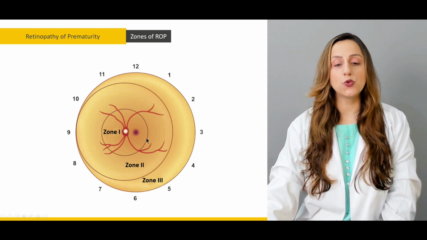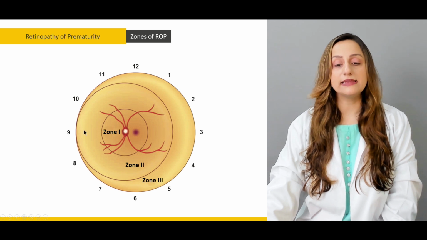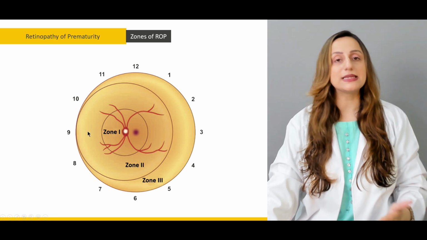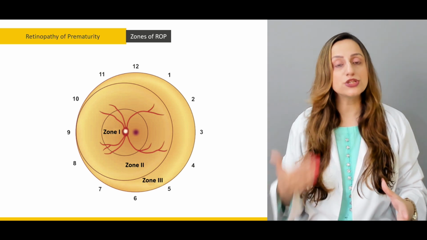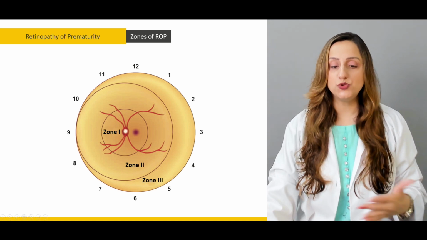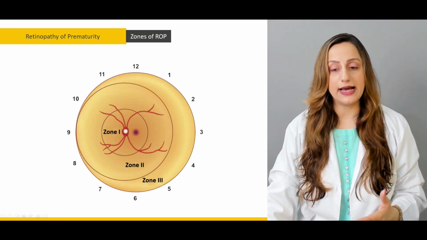Zone 2 is almost 2 radii located temporally or nasally, and the area outside zone 2, towards the periphery, usually most temporally located, would be regarded as zone 3.